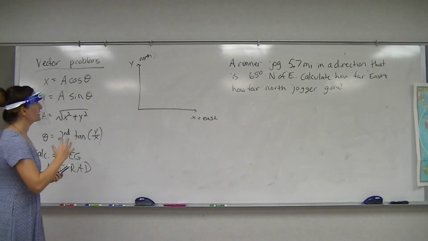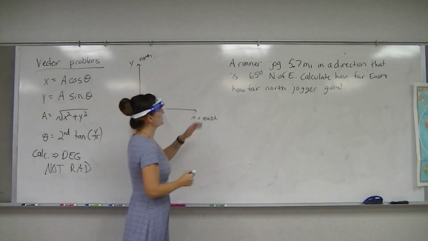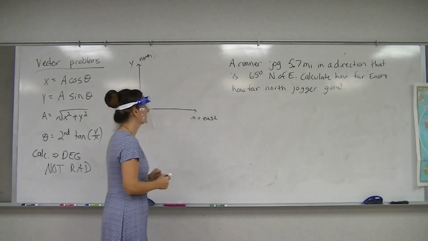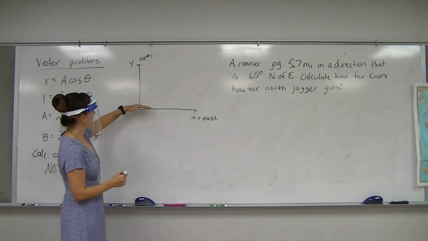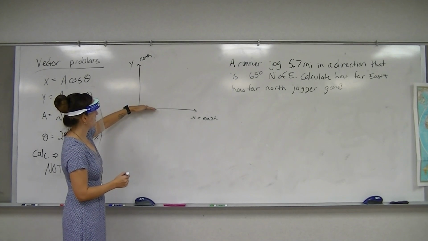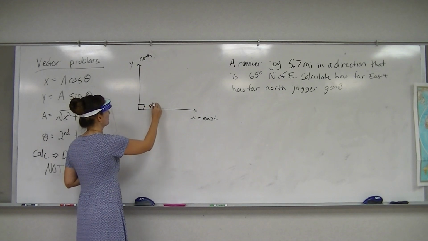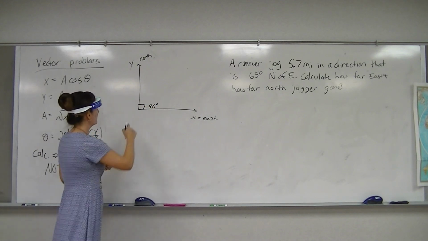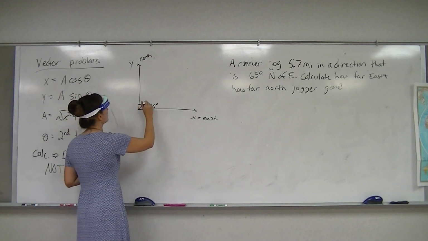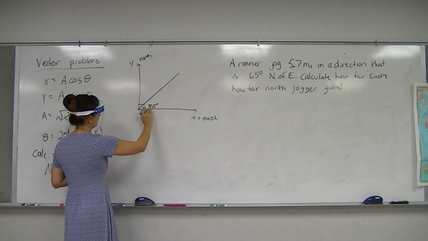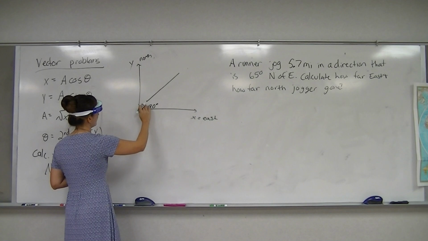So how I would depict this is this person is running 65 degrees north of east. What that means is, starting at the east axis, they're running 65 degrees, and this is a 90-degree angle. So they're running 65 degrees north of east. So I'm not bisecting that angle at 45. I'm doing it at approximately 65.